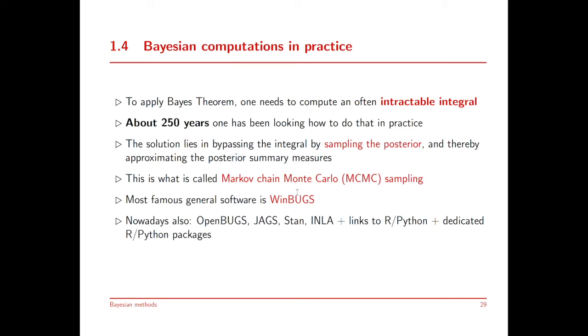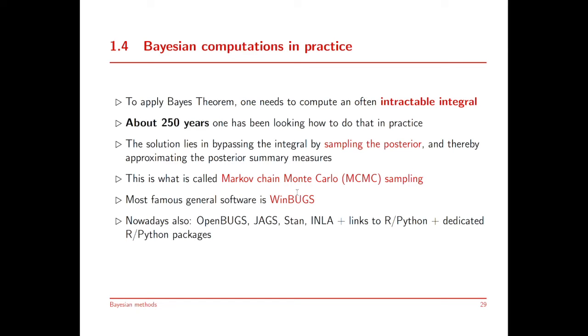And it took about 250 years before one found a solution. And the solution was in bypassing the integral by sampling the posterior and thereby approximating also the posterior summary measures. And that sampling algorithm, or that solution, is called Markov chain Monte Carlo sampling.